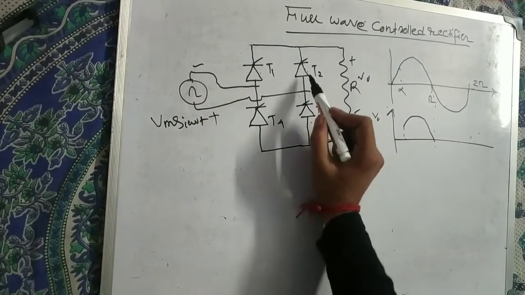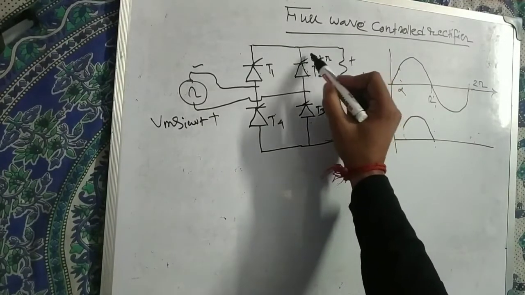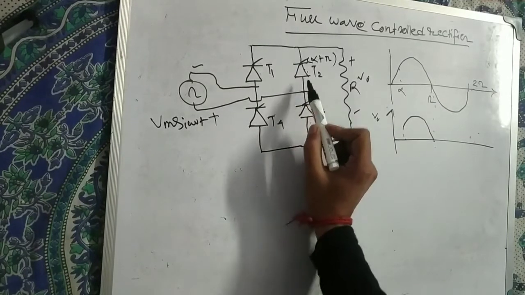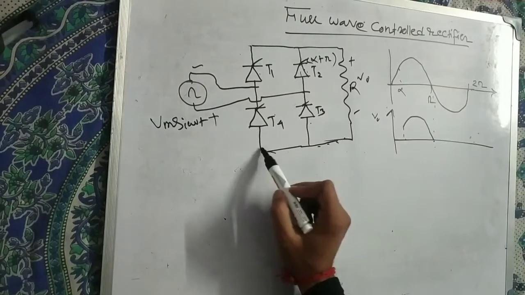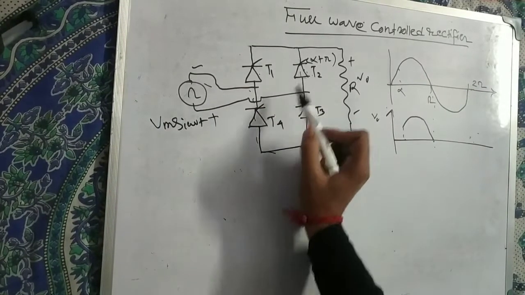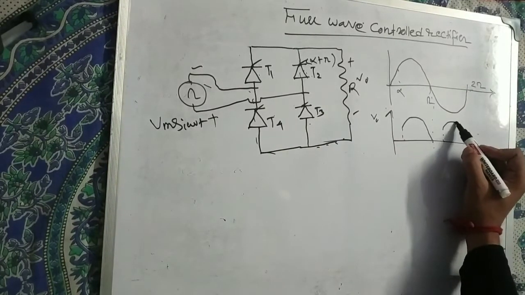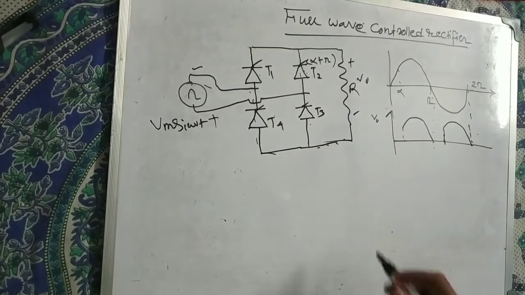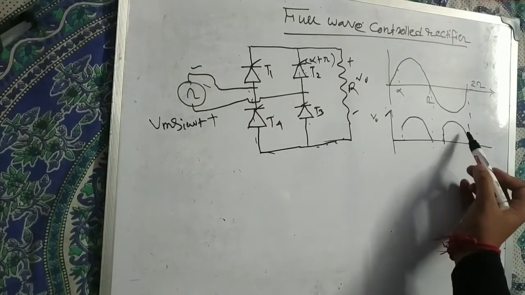At negative half cycle we trigger T2 and T4 at pi plus alpha angle. This end is positive, so these thyristors turn on and the current flows back through them. So we also get output voltage here, and we can see a full rectified DC voltage.